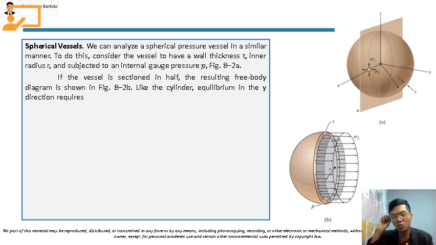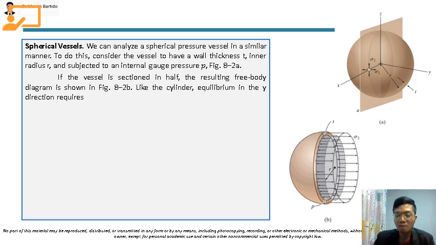But here we cannot say if this is a tangential stress or a longitudinal stress, because anywhere you cut the sphere in half, it will have the same free body diagram, and it will also have the same stress.